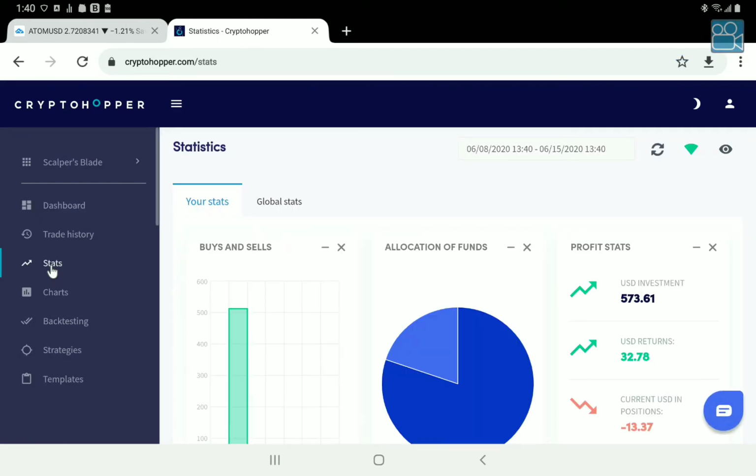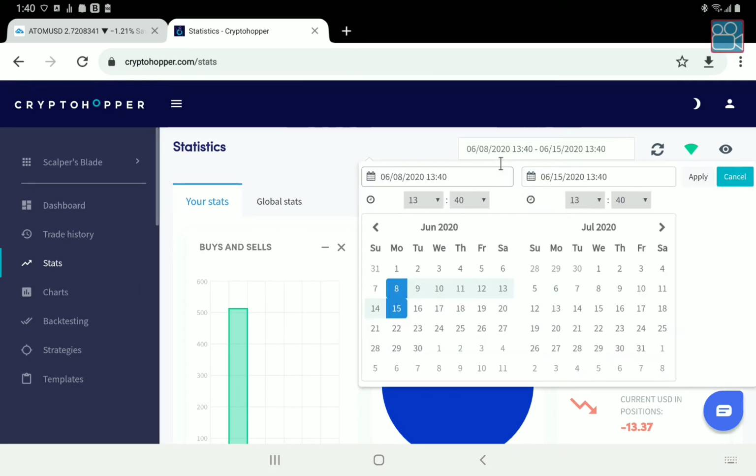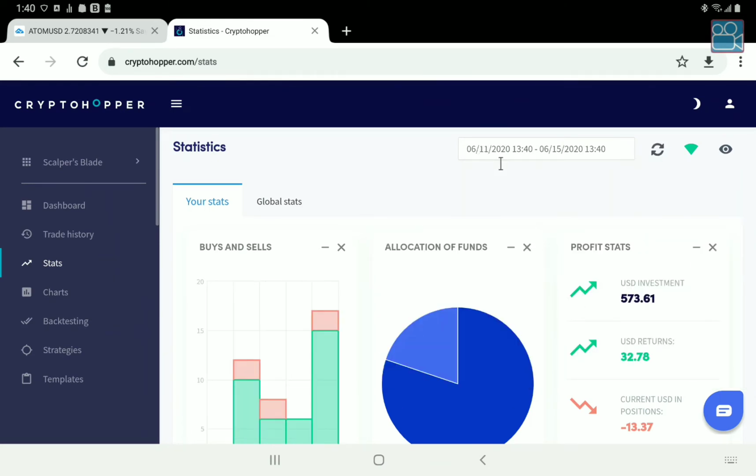Now this bot started around the 11th. So let's fix this to the 11th. According to Crypto Hopper, I made $32 in profit. So that is 5 days, $6 a day for 2 coins.